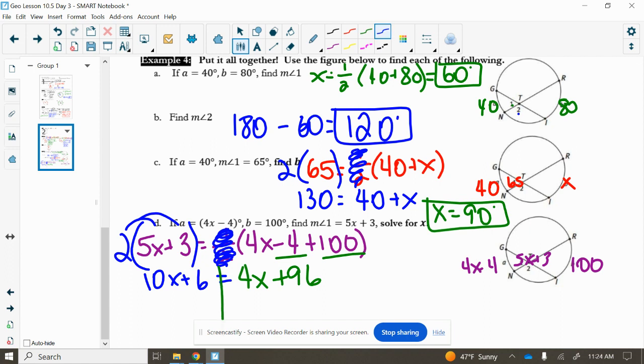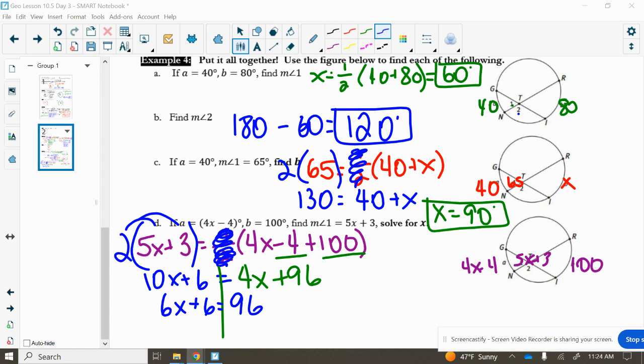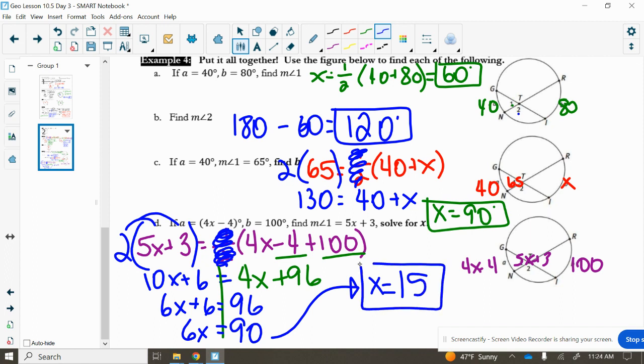Subtract from both sides the 4x, we end up with 6x plus 6 equals 96. And if we subtract then the 6 from each side, we end up with 6x equals 90. Divide both sides by 6, x is 15.